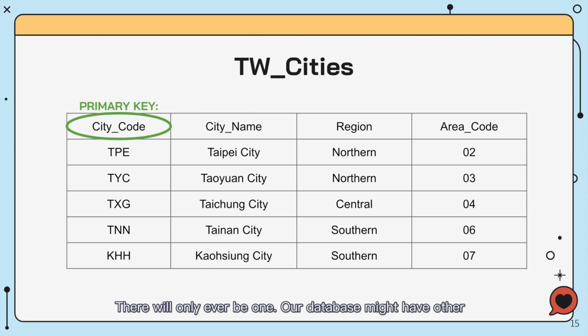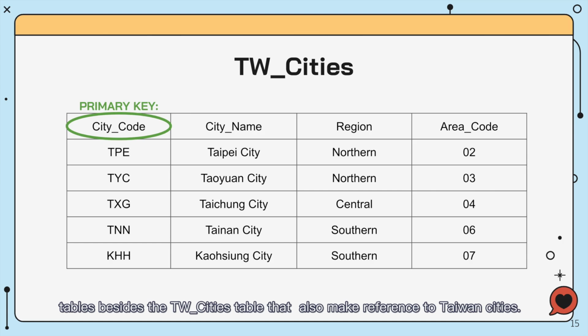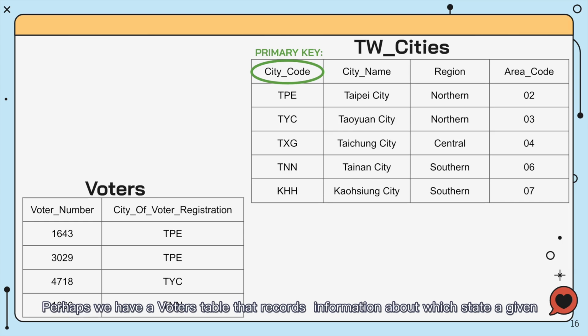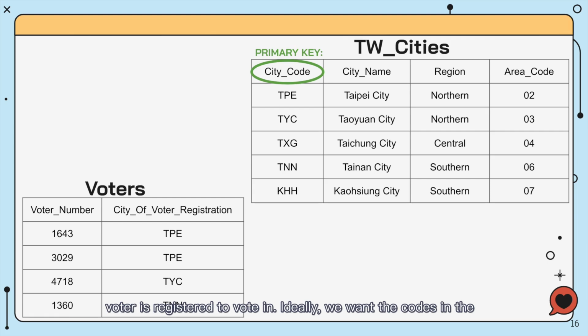Our database might have other tables besides the Taiwan city table that also make reference to Taiwan cities. Perhaps we have a voters table that records information about which city a given voter is registered to vote in.